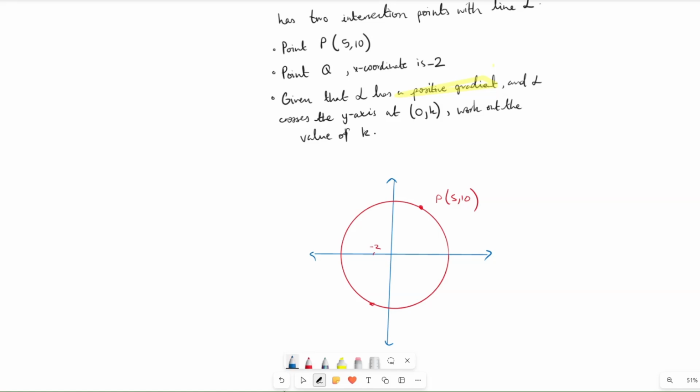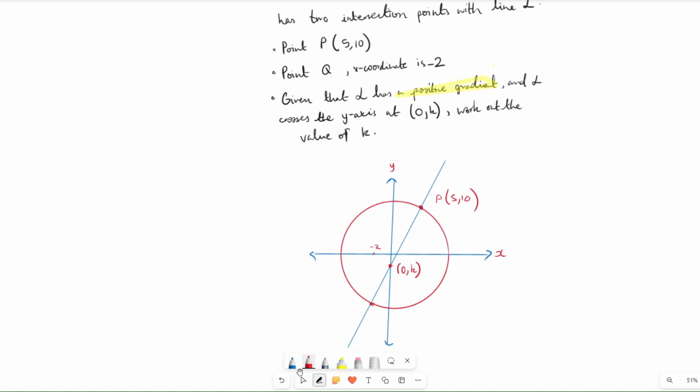So if I draw line L coming through like that, that is our line L. And L crosses the y-axis at 0, k, which is going to be here. We need to work out the value of k.